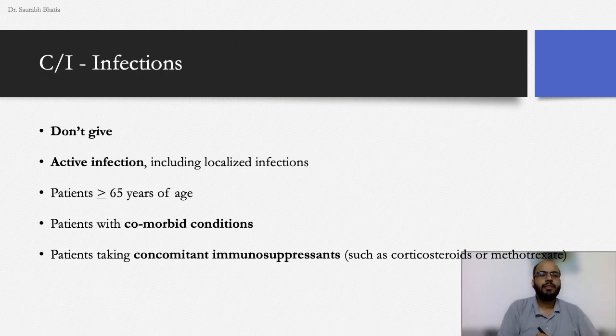Now remember that one of the important contraindications is infections. In any infective foci, do not give ustekinumab. If patients are more than 65 years of age, in old age, do not give ustekinumab. Any other comorbid conditions, better to not risk it. Patient taking concomitant immunosuppressants like corticosteroids or methotrexate.